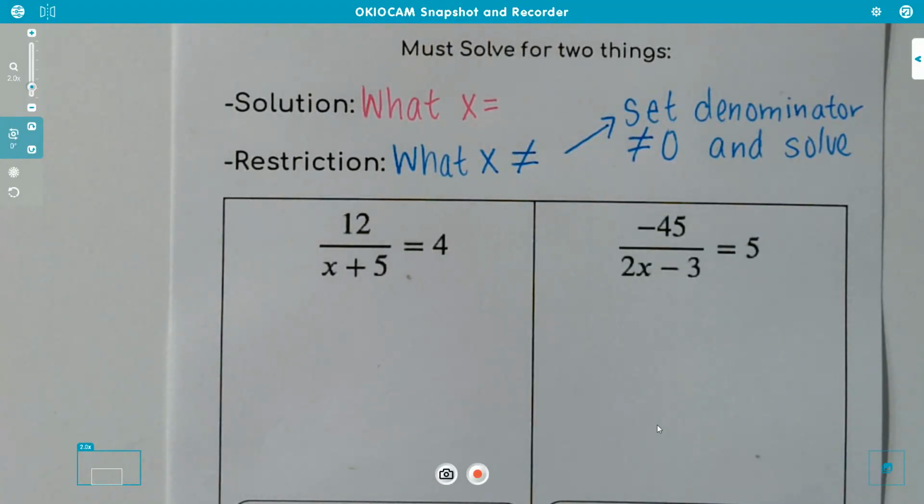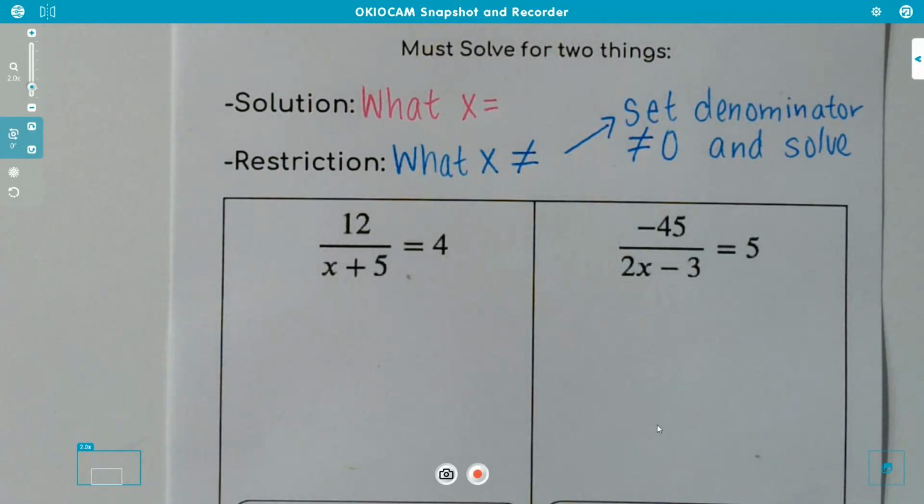So you would solve for your solutions, because you might get more than one solution by then. You would solve for your restrictions, and then at the end you would have to say, but wait, that solution is canceled because it's not allowed to be that. So in Algebra 1, that's not going to happen.